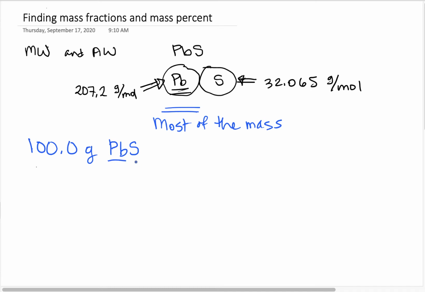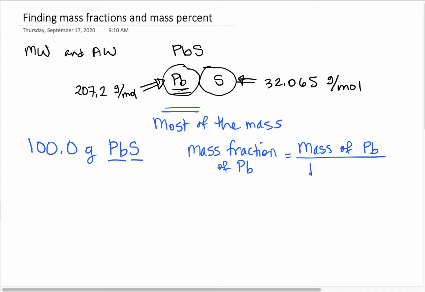We have one lead atom and one sulfur, but because the lead one is a lot heavier, if we're just thinking about the mass fraction or the mass percent, then the mass fraction in this particular scenario would be the mass of the lead divided by the total mass.